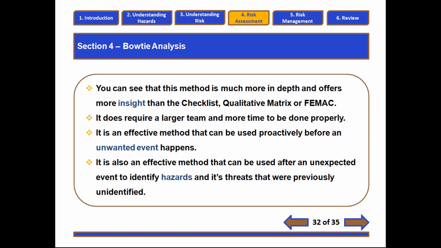Everything's tied together from the hazard and branches out into the threats and consequences, and then the control and recovery methods to separate the hazard from the consequences and the hazard from the threats. This is a really powerful analysis technique that's good both for anticipating new risks and threats, and also for retroactively analyzing unwanted events from the past to identify ways to avoid them in the future.